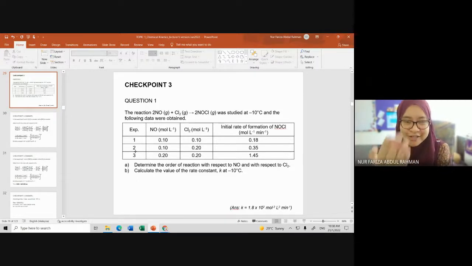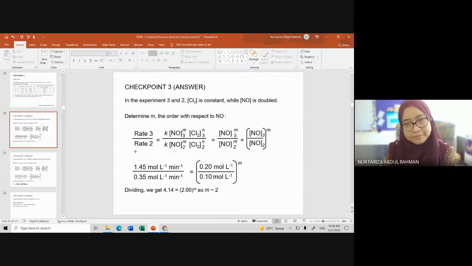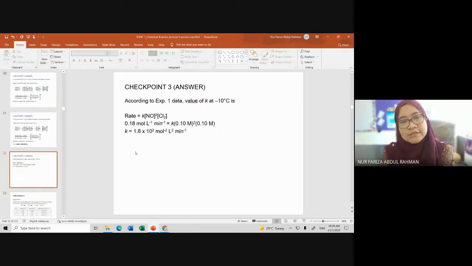The value should be almost the same. Okay? Right, so this is the one lah. Wajib kena ada unit. Tak ada unit, tolak markah. Because later, second method adalah to determine from the unit of the rate constant.